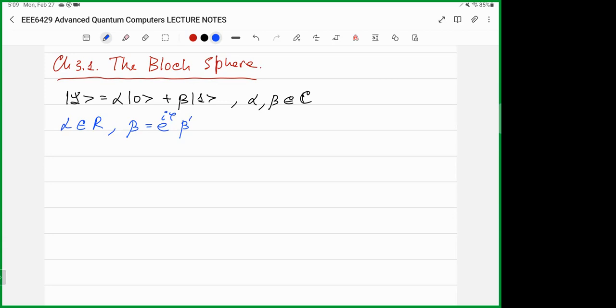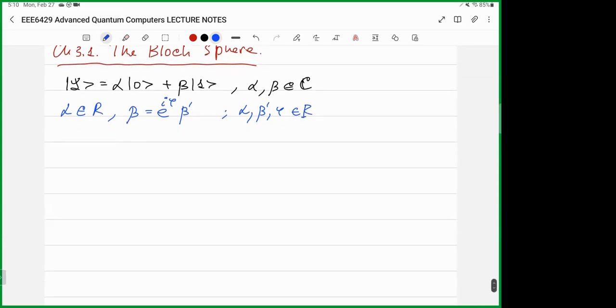As we define alpha to be real and beta in this form, now we can assume that alpha, beta prime, and phi are real numbers.